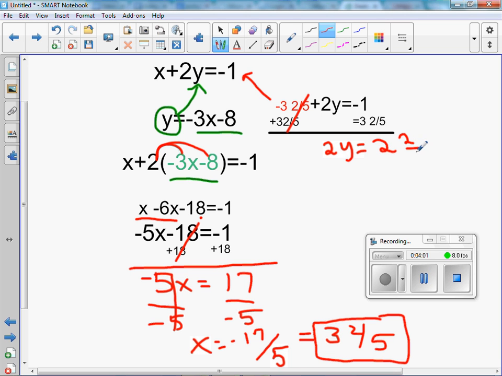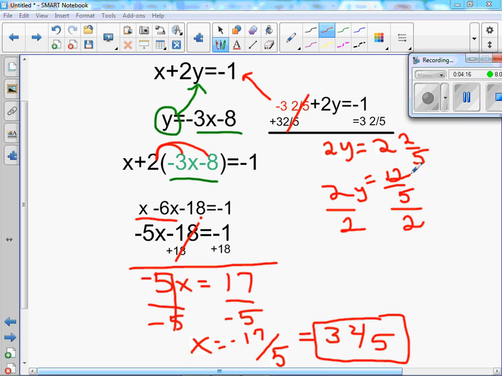Now how can we work with 2 and 2/5? Now we're going to divide both sides by 2. You can either put it in your calculator or change the 2 and 2/5 to an improper fraction. So I have 2y equals 2 and 2/5, which changes to 12 over 5. On both sides we have to divide by 2 to get rid of the 2 here.